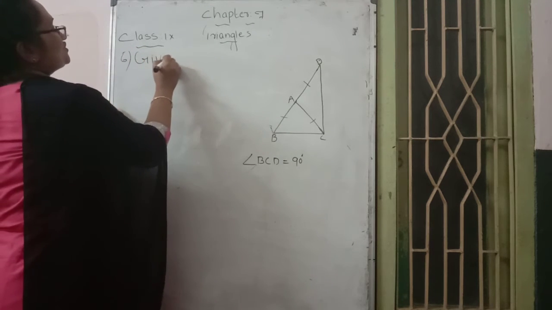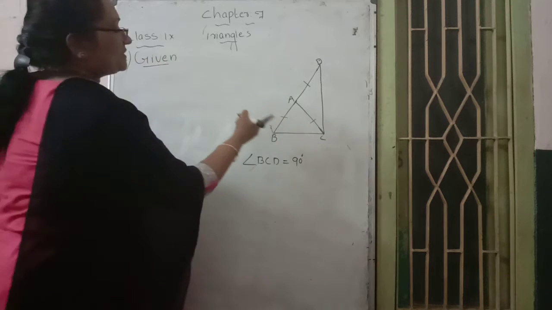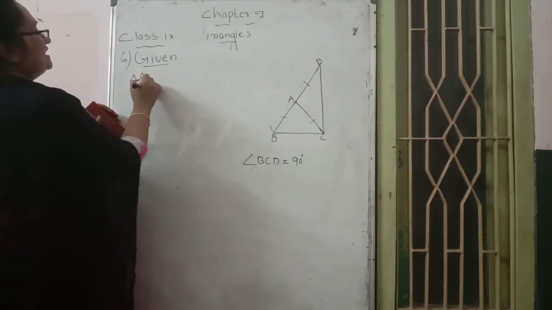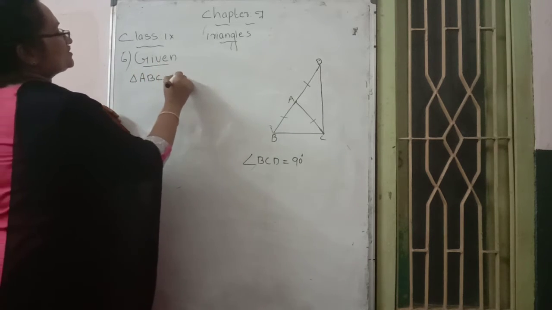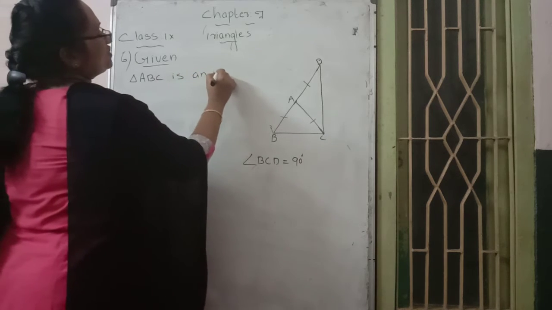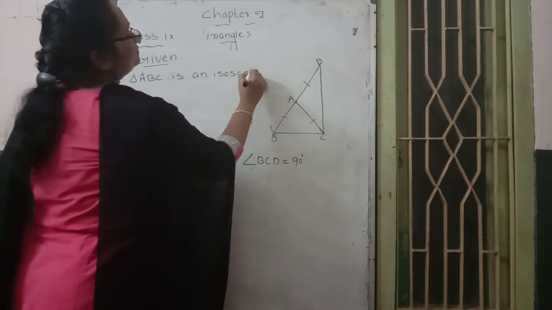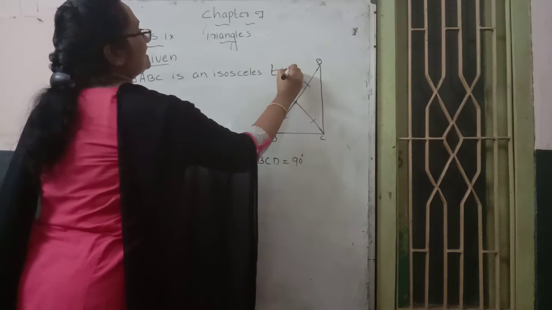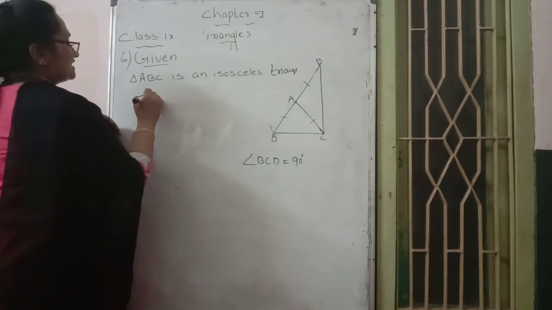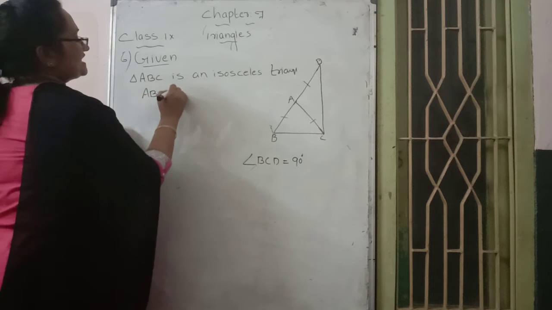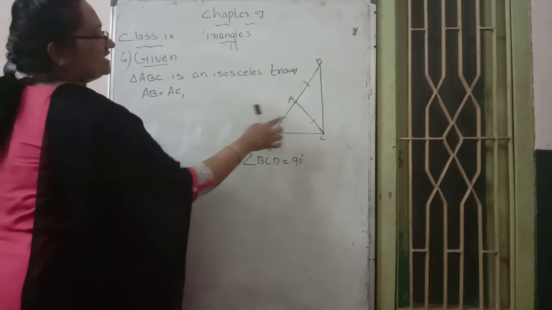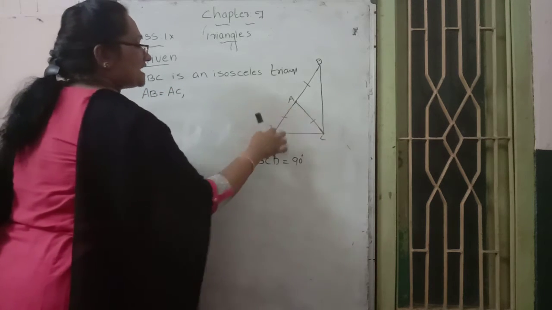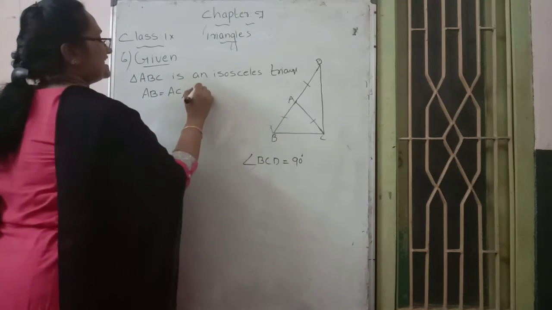What is the first step, given? What information did they give? Triangle ABC is an isosceles triangle. That's why we can write AB side and AC side are equal. Next they gave us AB side and AD side are equal.